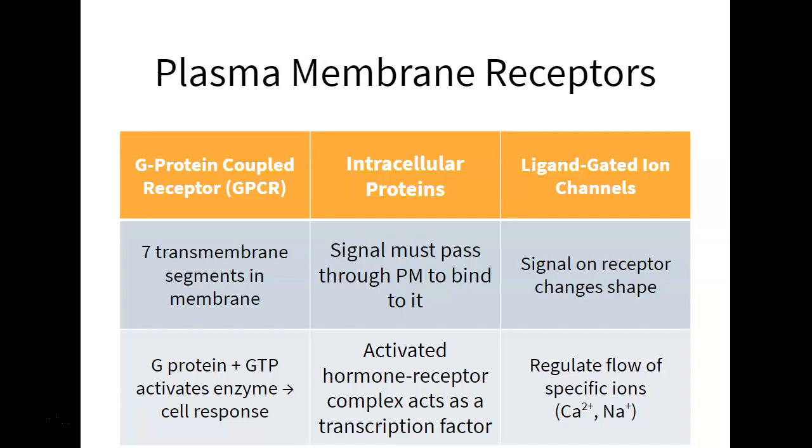Intracellular proteins are the ones that are inside, and the activated complex can turn genes on and off. And then lastly, the ligand-gated ion channels. Those are the ones where a ligand binds to the channel and then oftentimes opens it up to allow the flow of ions. And then that flow triggers some kind of signaling response.